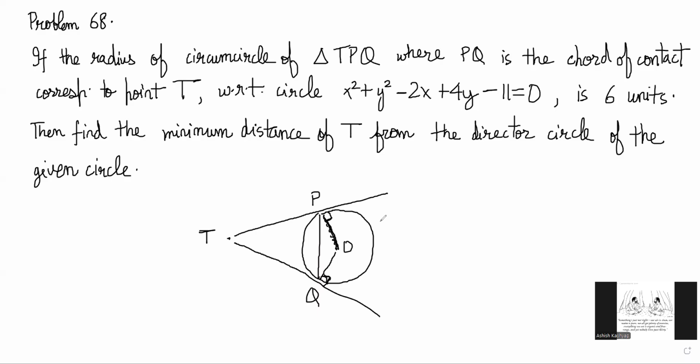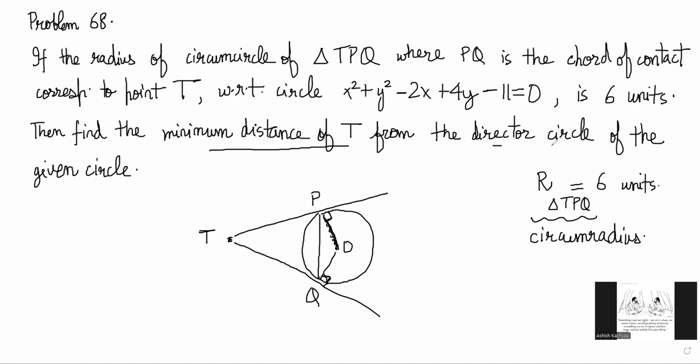So now they have given us that capital R for triangle TPQ is 6 units, which is basically the circumradius for triangle TPQ. And they are asking us the minimum distance of T from the director circle of the given circle.